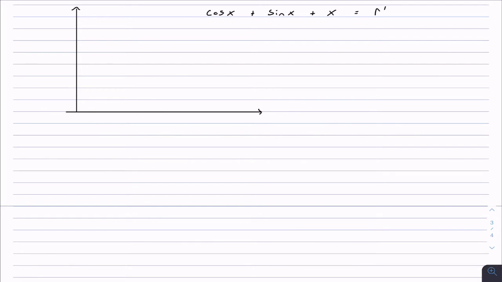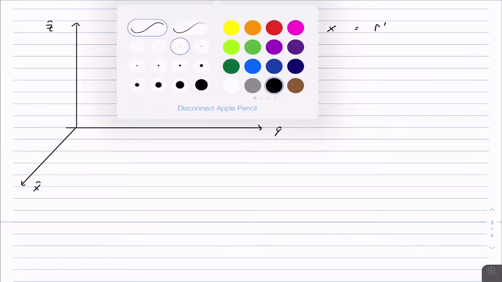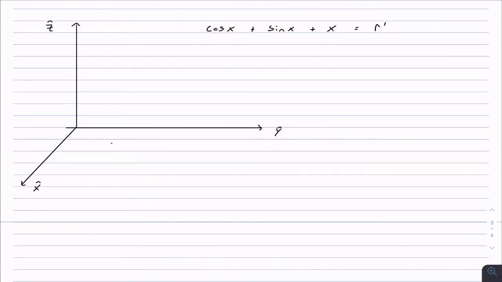In a 3-dimensional space, we have a third dimension. This is y hat, this is x hat, and this will be z hat. So here's our xy plane. Remember I just said that we would have a circle. It's going to look like an oval because it's supposed to be flat. But now as x increases, so does the z value, because this is in the z hat direction.